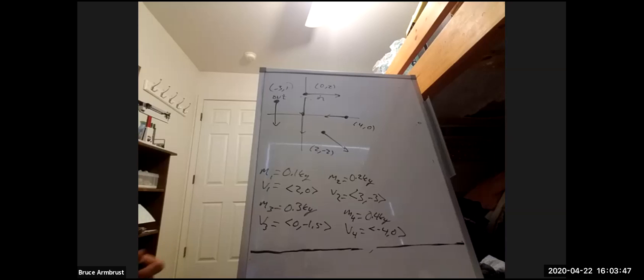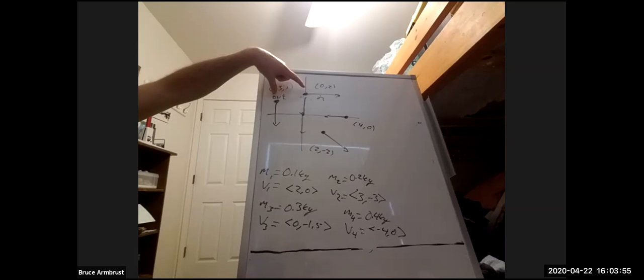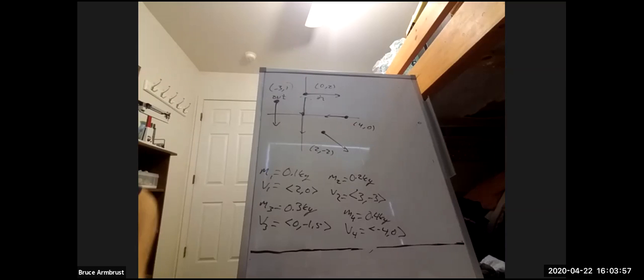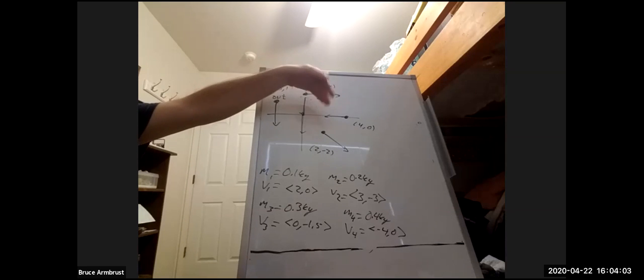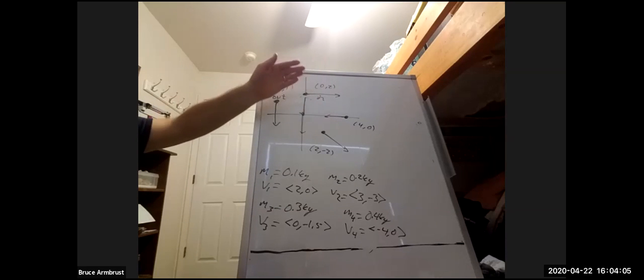So the fact that one of them was pointing in and the other was pointing out totally makes sense, because these velocities are trying to rotate in opposite directions. The first one we did is trying to go in a clockwise direction.